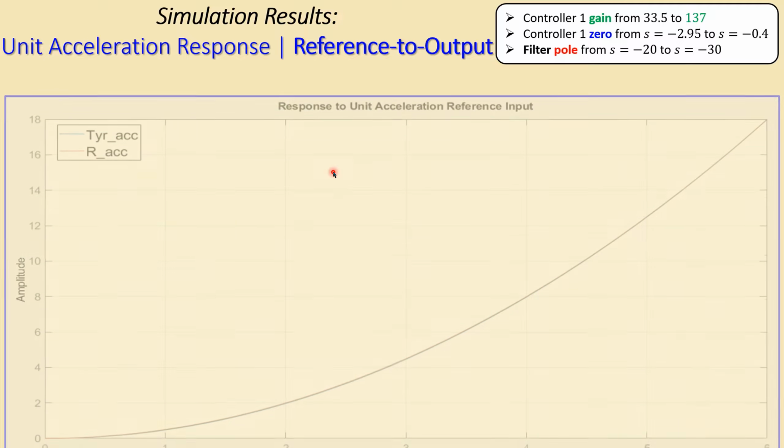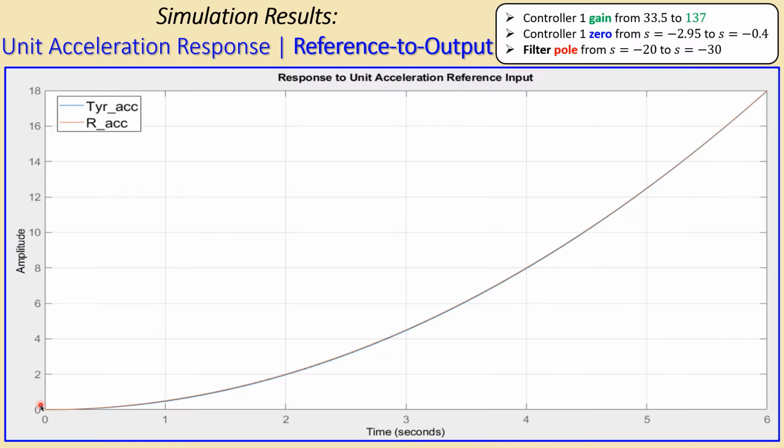The next step is the acceleration response for this situation, where we have of course the adjusted parameters for our controllers. This is the response. You can see it started at 0 and it goes to the value, and we have again the orange line, which is the acceleration reference, so the input, and this is the response to that unit acceleration input. Now you can see the orange and the blue line are a little bit apart here.